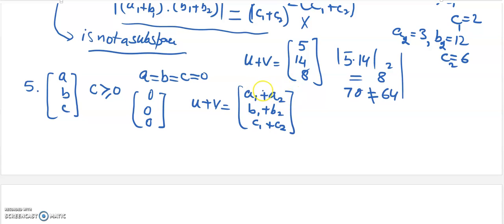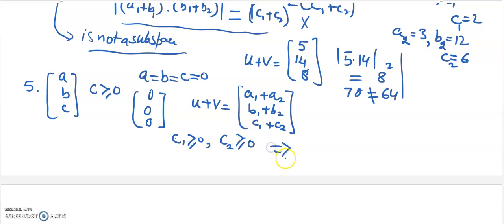So a1 plus a2 is a real number, just like a. Similarly, b1 plus b2 is a real number, and c1 and c2 are also real numbers. Since individually each c is either equal to 0 or greater than 0, if c1 is greater than or equal to 0 and c2 is greater than or equal to 0, it also implies that c1 plus c2 is greater than or equal to 0.